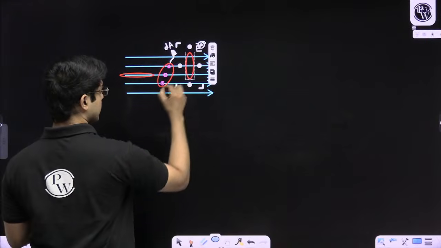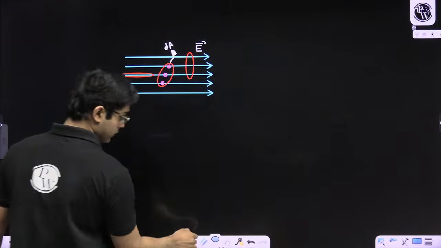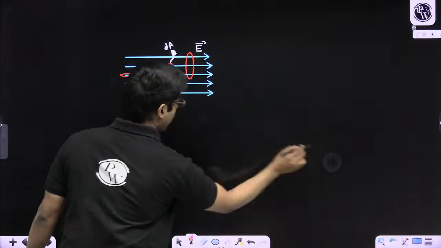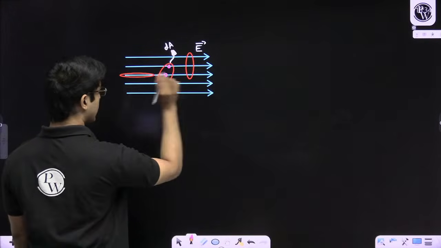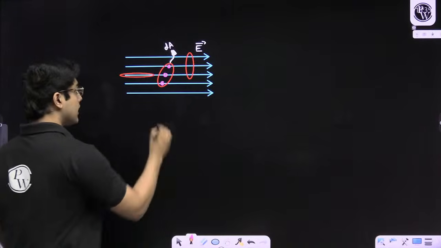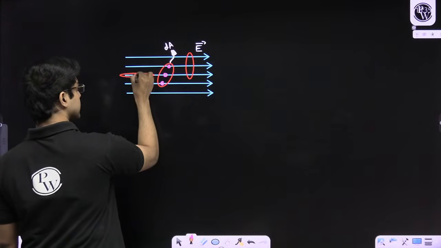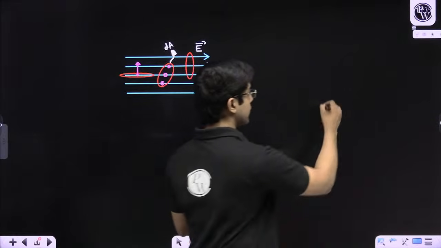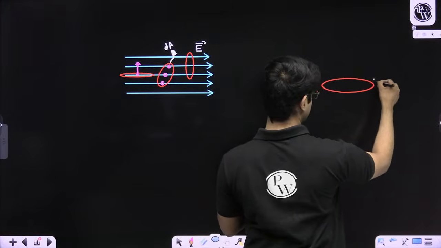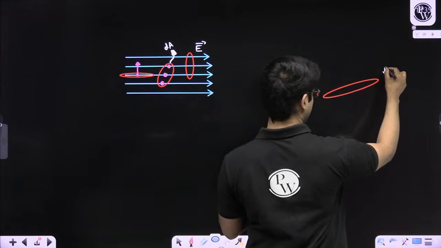This is something that flux depends on, because if you keep the area flat such that it is parallel to an electric field line, then the number of field lines crossing this area will be 0. For all areas we will define something known as the area vector.